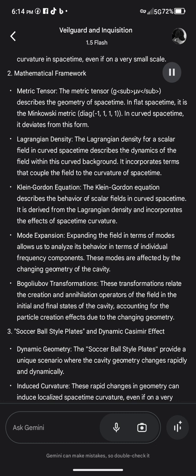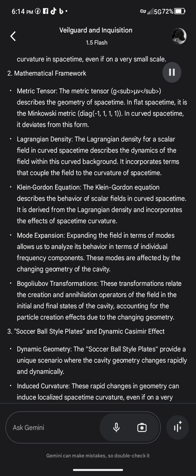Lagrangian density. The Lagrangian density for a scalar field in curved spacetime describes the dynamics of the field within this curved background. It incorporates terms that couple the field to the curvature of spacetime. Klein-Gordon equation. The Klein-Gordon equation describes the behavior of scalar fields in curved spacetime. It is derived from the Lagrangian density and incorporates the effects of spacetime curvature.